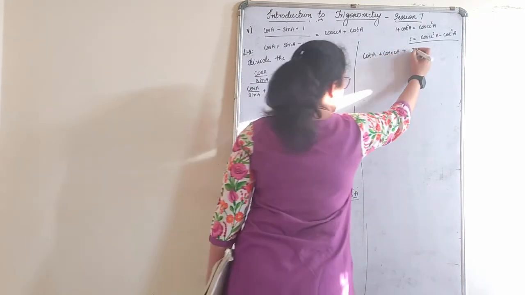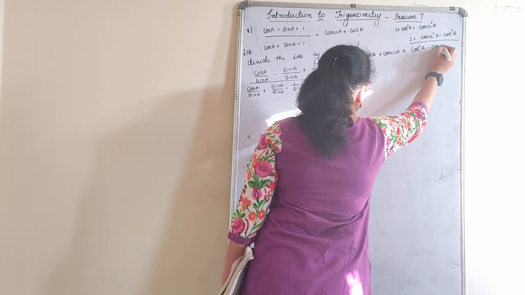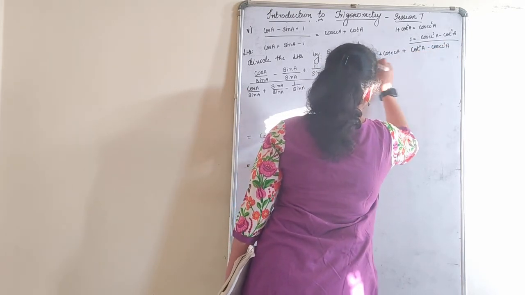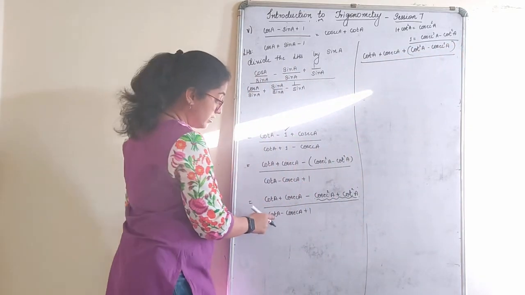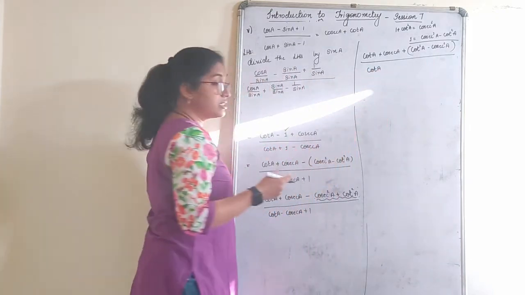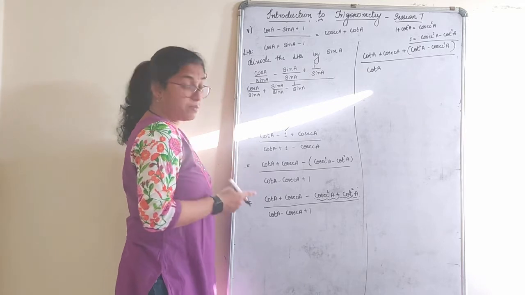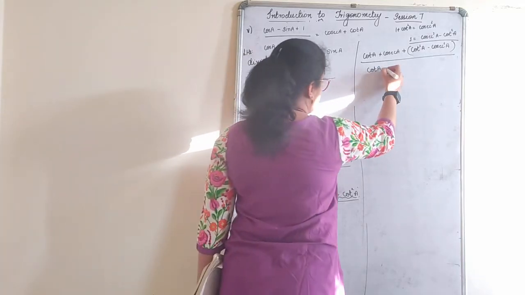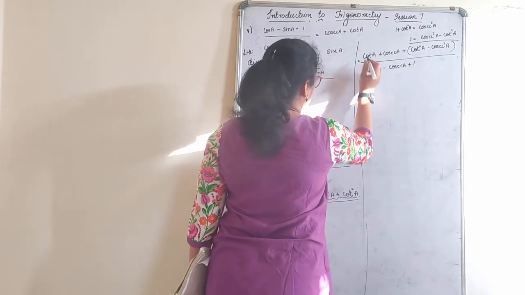plus cot square A minus cosec square A, whole divided by cot A. All that is important is the presentation of the given trigonometric ratios here, how you rearrange and present it. Cot A minus cosec A plus 1.